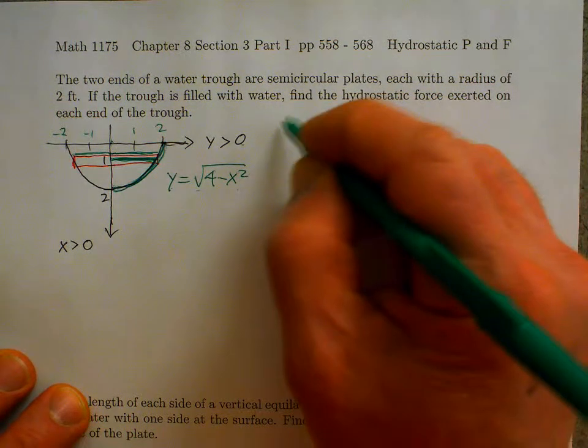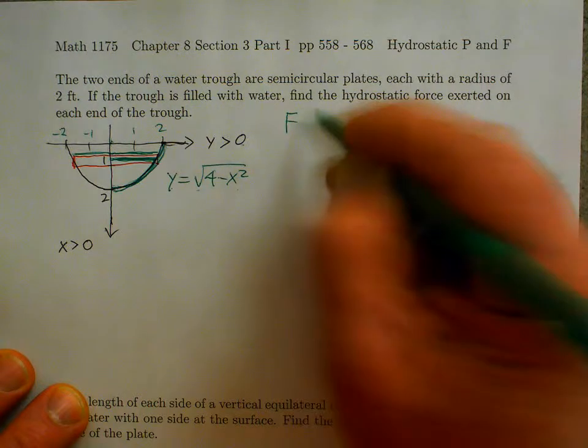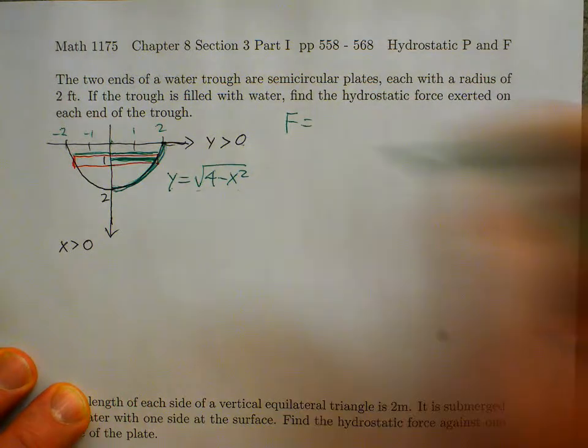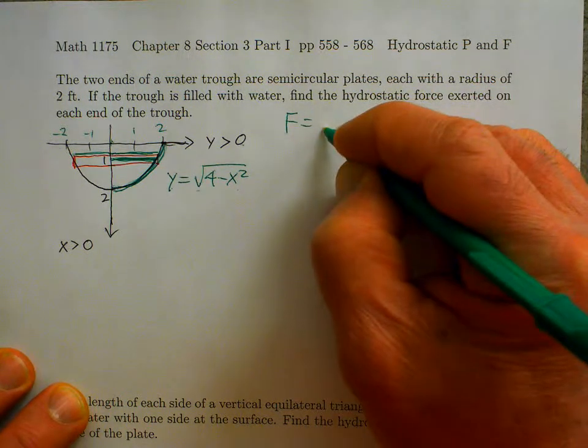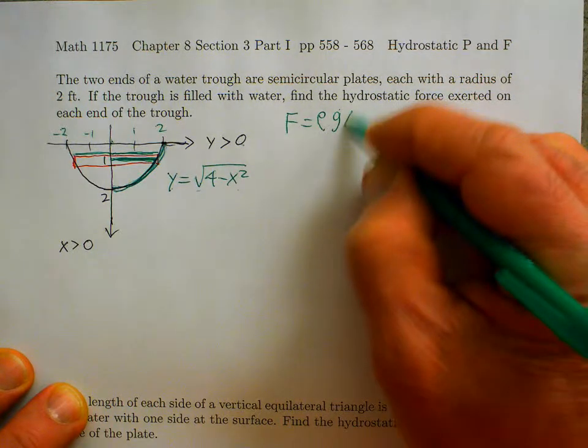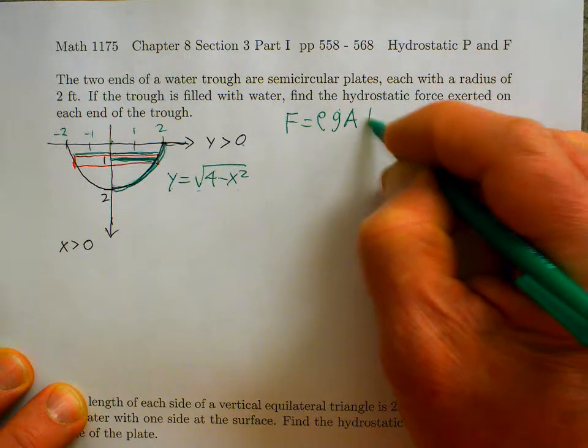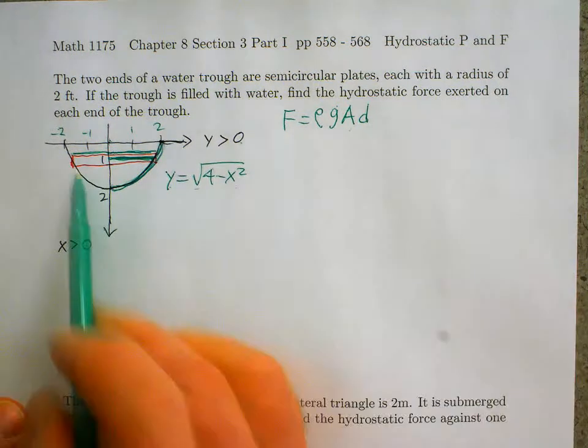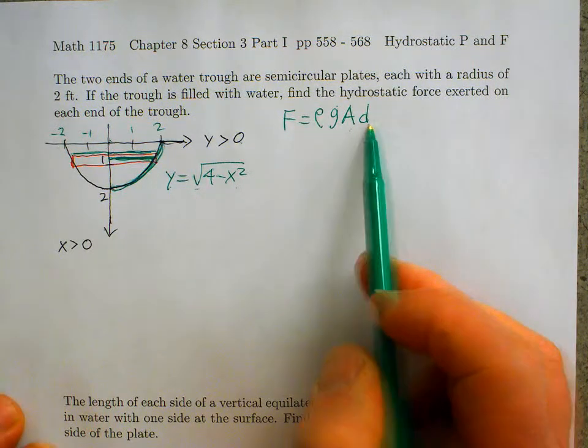Okay, so I'll just write down our force equation again, so I won't forget it. Rho times g times A times D. A is the area of the rectangle, D is the depth.